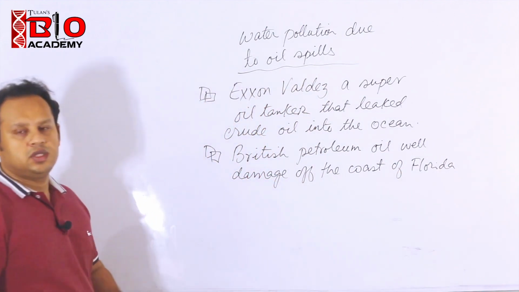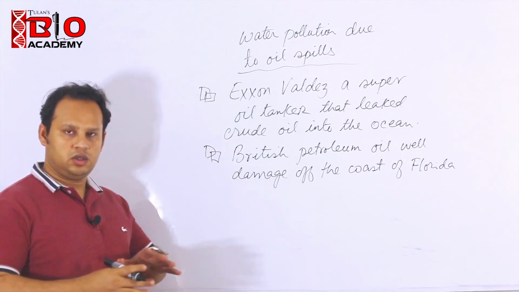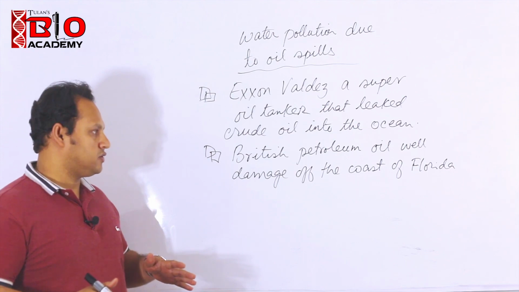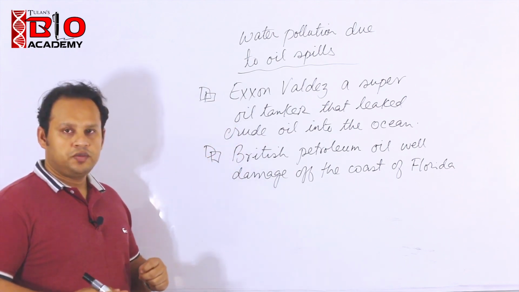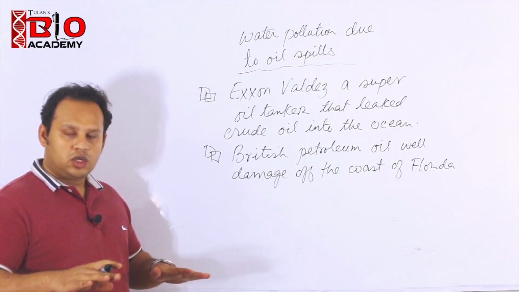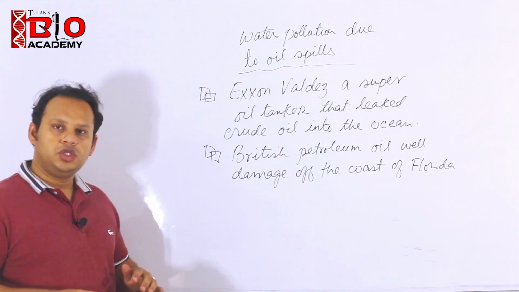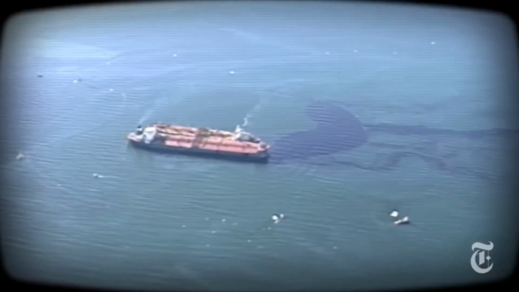And what happens is, oil is a thick black liquid, so when it spills and rises to the surface, or if it's released or leaks from oil tankers, it covers the entire water body and prevents sunlight from reaching submerged plants or any aquatic animals below.